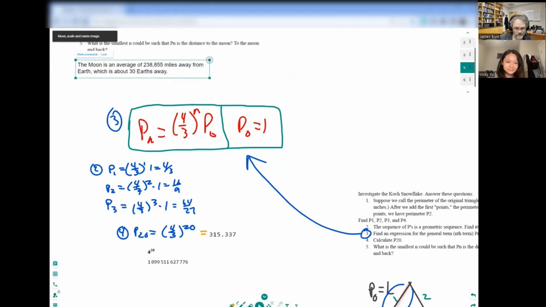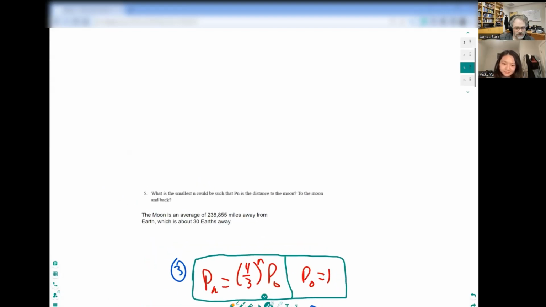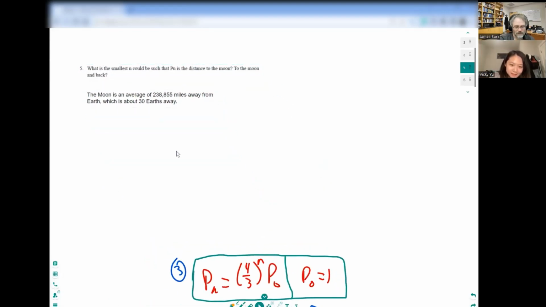Now, here's a question. When I'm doing this fractal, what was my original units? It's in feet. What measurement did I just give you? Miles. So we got to do a little conversion. How do I convert this over from miles into feet?